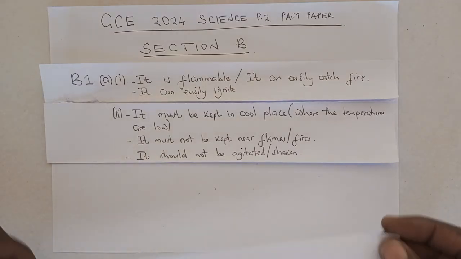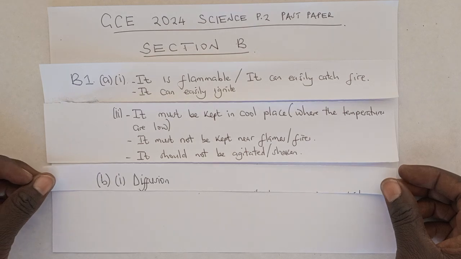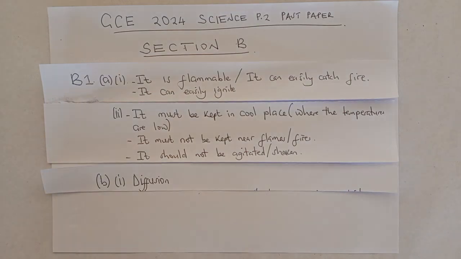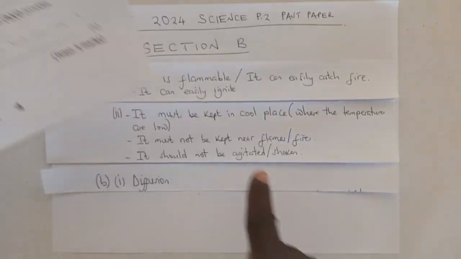The answer to question B1 is diffusion. So the process by which ammonia particles or the smell of ammonia is evenly distributed or spread in the room is called diffusion.